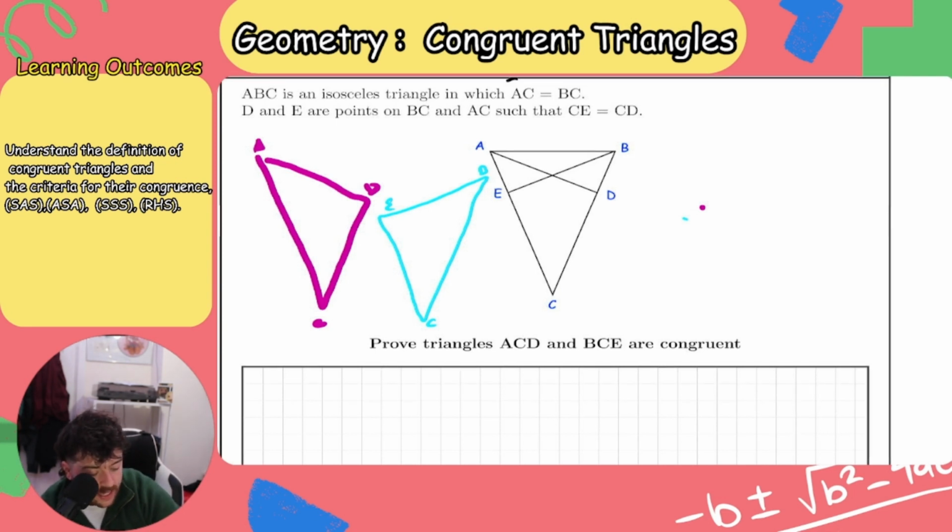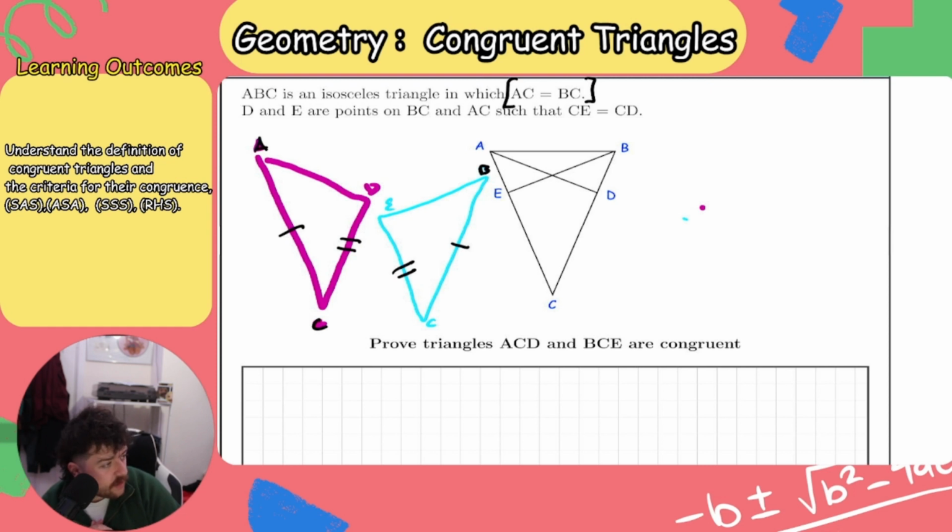I know AC is equal to BC, that's given to us. I also know CE is equal to CD.